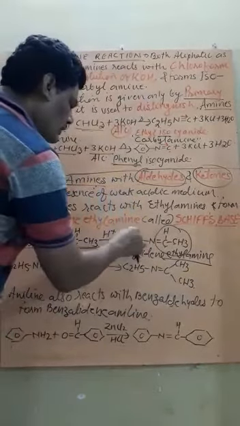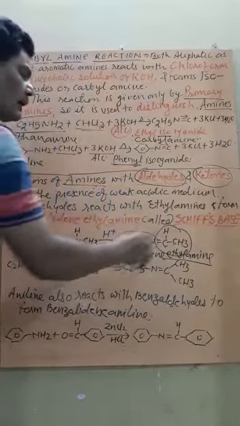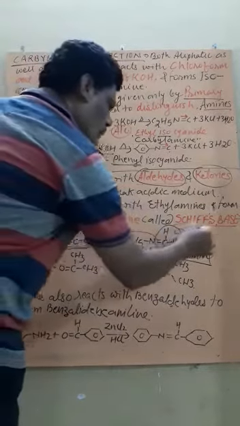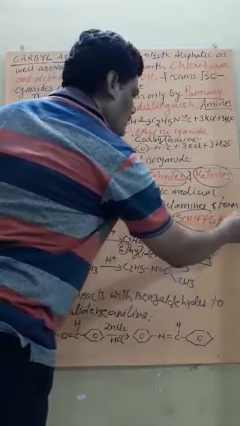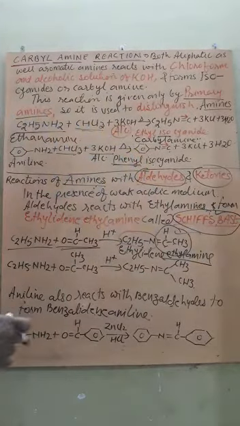This portion is ethylamine, and this portion is ethylidene. This compound is simply known as Schiff base. So the formation of Schiff base takes place by this reaction.